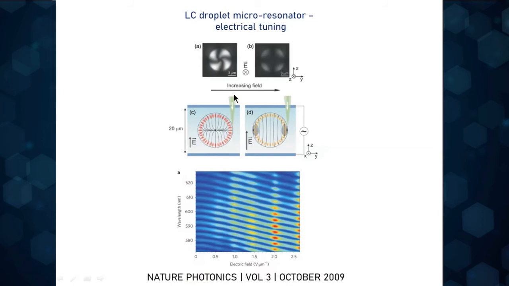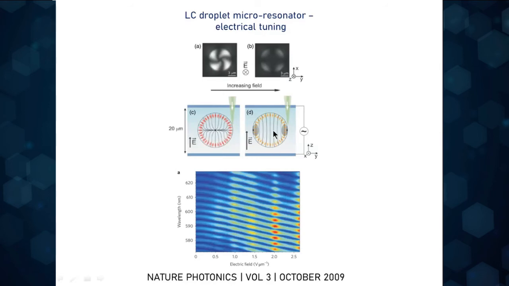By applying an electric field, where you have taken this liquid crystal droplet and put it into a small chamber, and you apply an electric field across this particular chamber, you can now induce a phase transition from one particular alignment to another particular alignment.